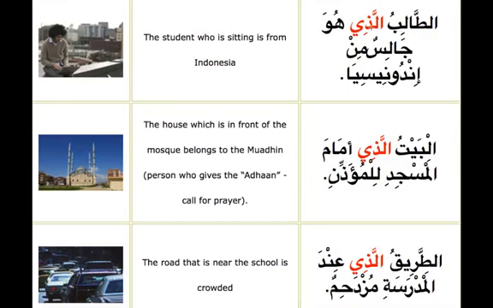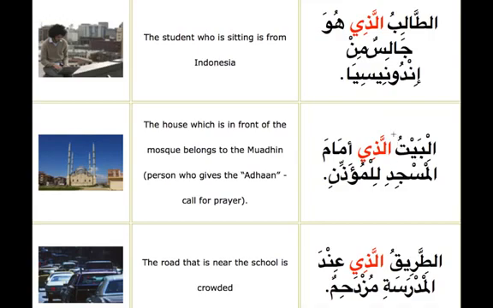At-talibu, al-mubtada, allazi is an ism mawsul. It is connected to at-talib because it is describing, so we cannot put is here. So when there is ism mawsul, there is silatul mawsul, so you cannot put is here. And after silatul mawsul, we come to min, so they both are not connected, so we can put is. So the student who is sitting is, then that will become khabar. After is, khabar, min Indonesia, from Indonesia.